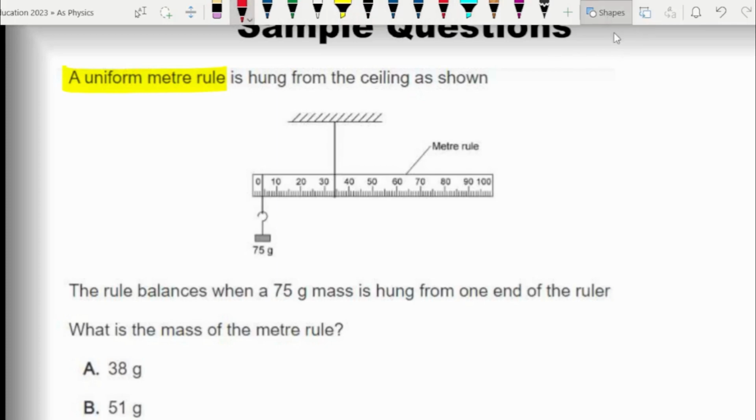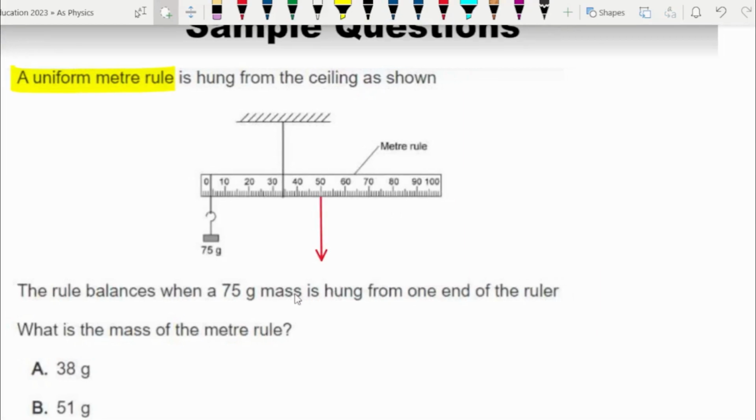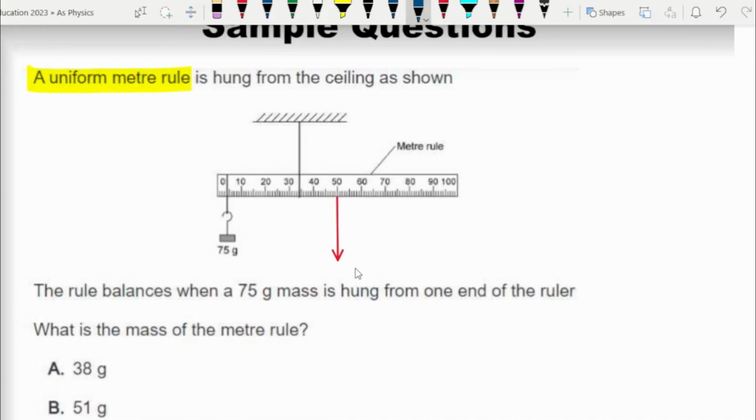So the center of mass would be at 50 centimeter mark. So this is a point through which the entire weight of the object seems to act. So this is your center of mass, and this is a point through which the weight of the meter rule would be acting.